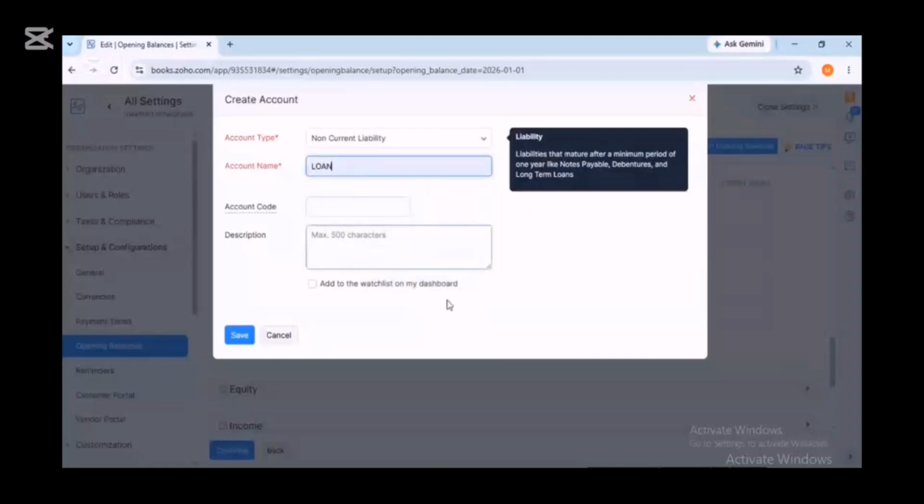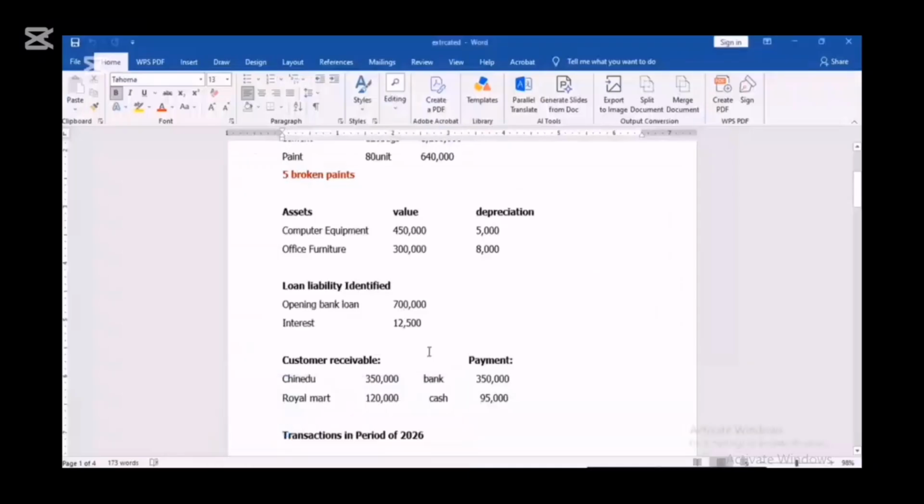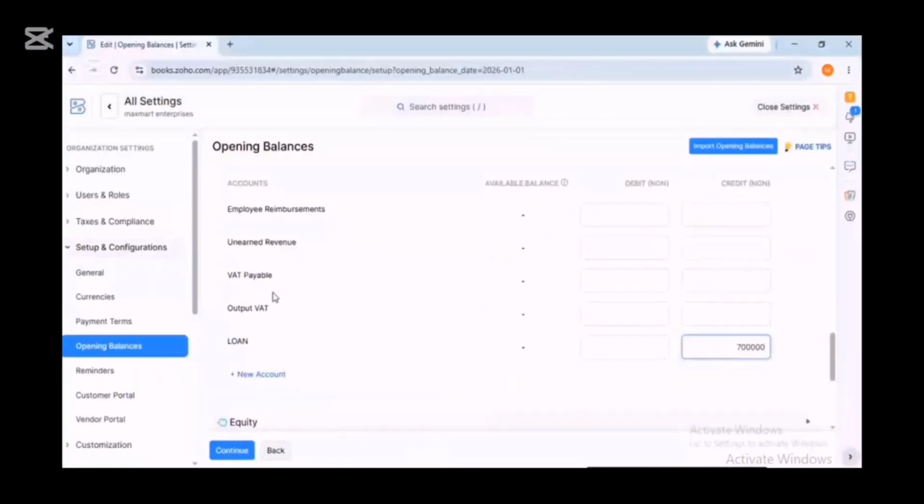So let's give it the name loan. Let's save. So the amount collected, 700,000 naira worth of loan. So that's that. Then we take the interest. So the interest payable, we enter it as an opening balance of expenses.